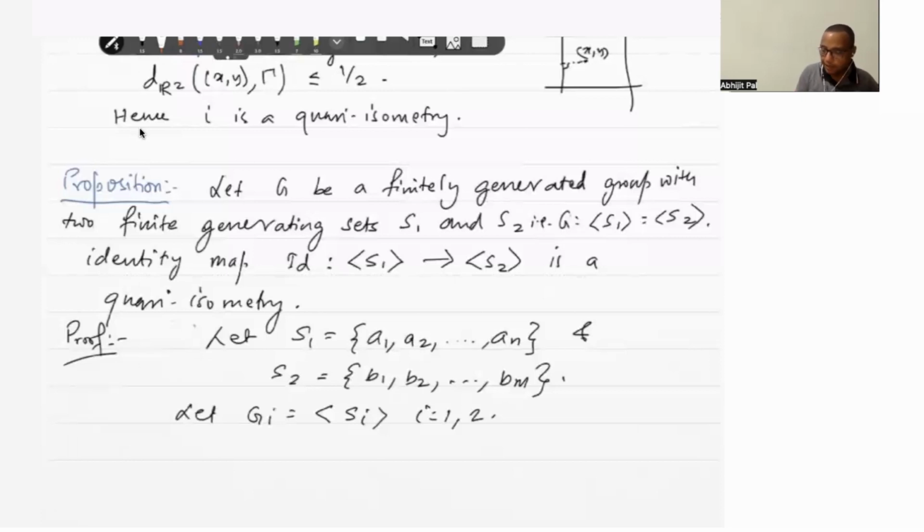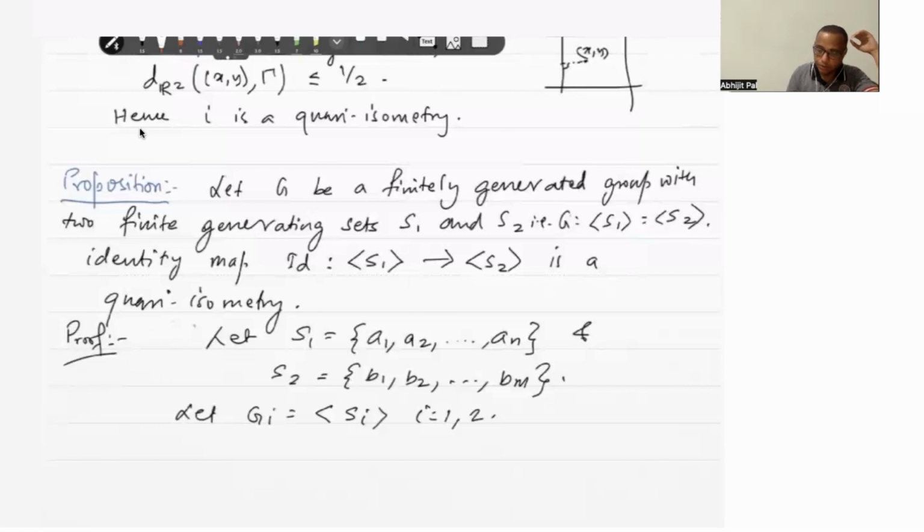Now if I take the Cayley graph, the vertex set of the Cayley graph is G itself. And if I take the word metric, the distance between the vertices in the Cayley graph will be the same as the word metric. So with respect to the word metric, these two groups are quasi-isometric to each other.